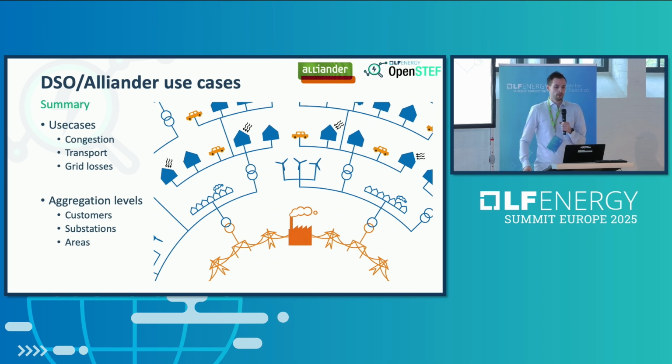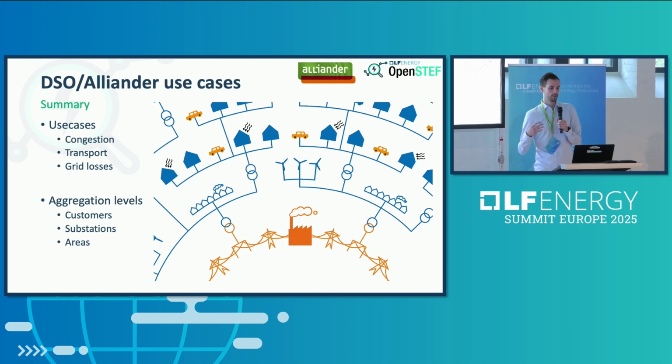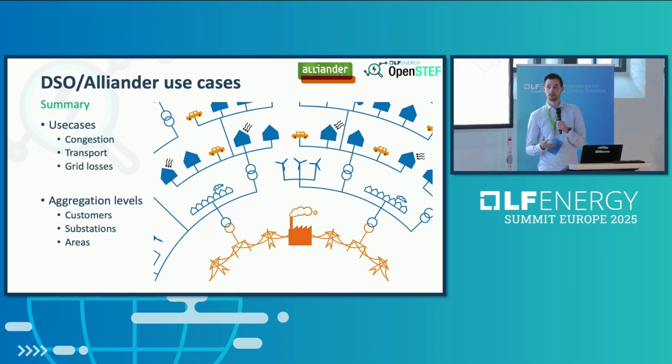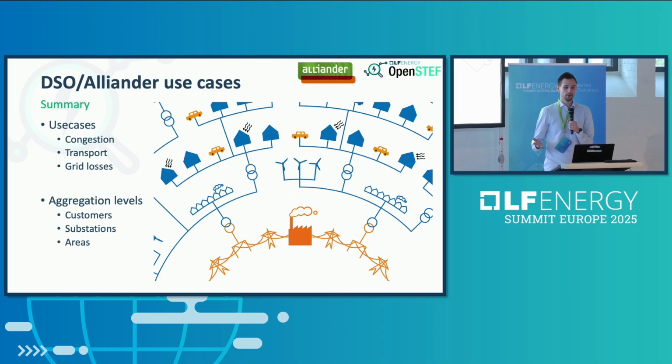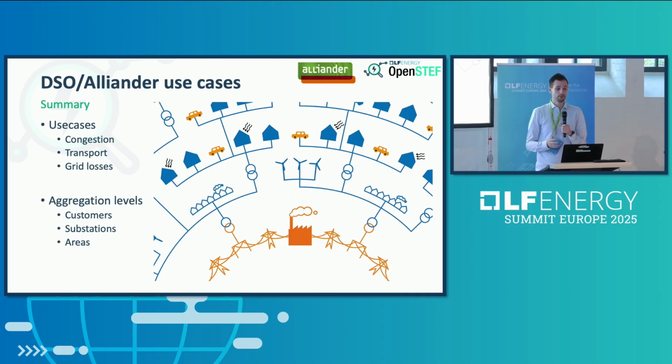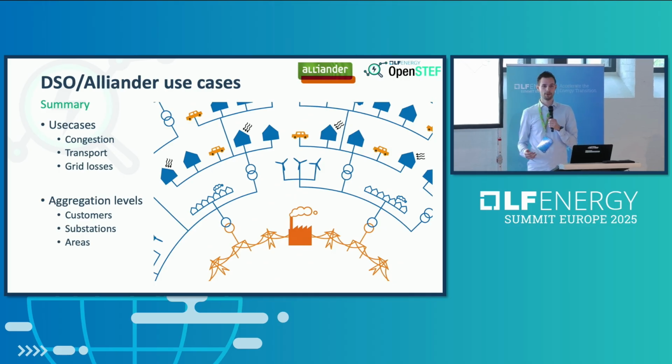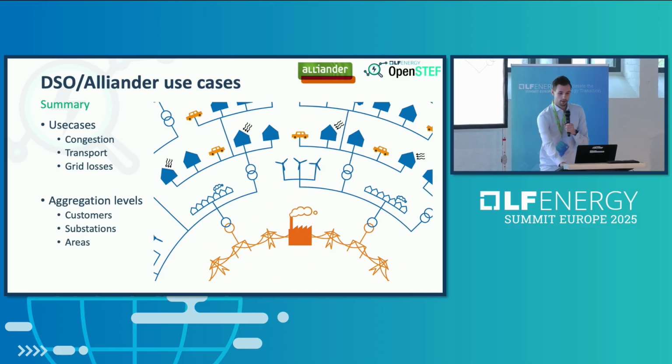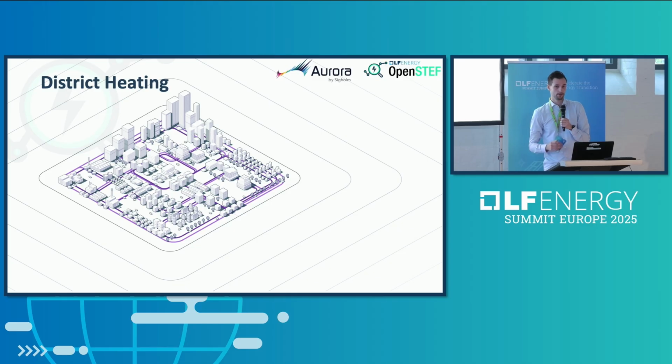We saw for congestion forecasts that you sometimes need to forecast for the individual customer, to see how much they can help with reducing the congestion peak that you predicted. Or at substation level, also for the transport forecast, or even entire grid areas for grid losses. And for all of these we use openSTEF and are quite happy about it. And with that, I will pass it over to Maarten, who will talk about quite different use cases.